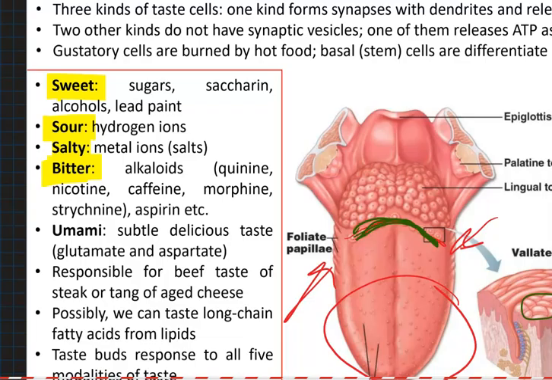Why? What is the function? Excluding some types of beer, would you eat something that is bitter? Probably not. So what does it warn you about? Yes, poisons.